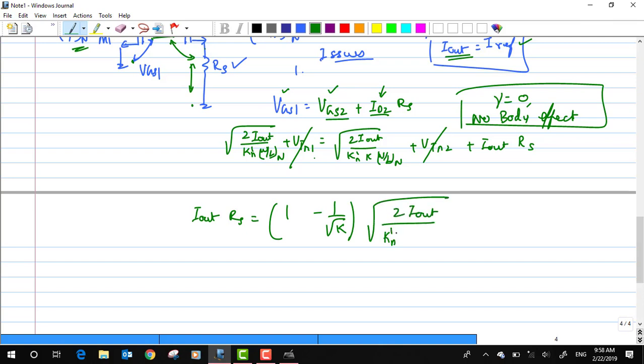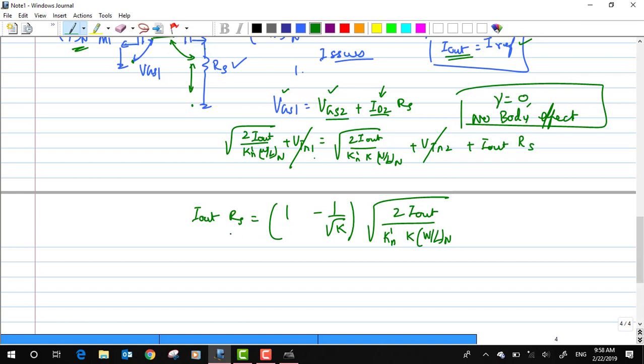square root of 2I out by again Kn dash, the factor k, W by L of N. Now again what we wanted is this I out to be taken out, because I have it both on my left hand side as well as on the right hand side, and I want to bring it to one end and then obtain an expression which has I out expressed in terms of the factor k and the factor RS. I forgot the factor RS here.